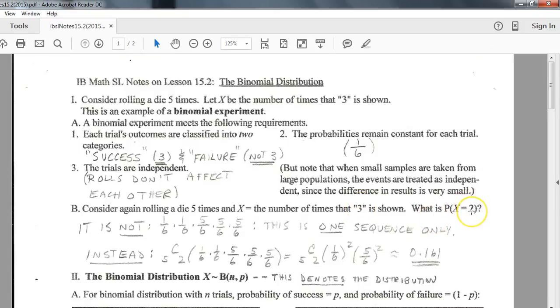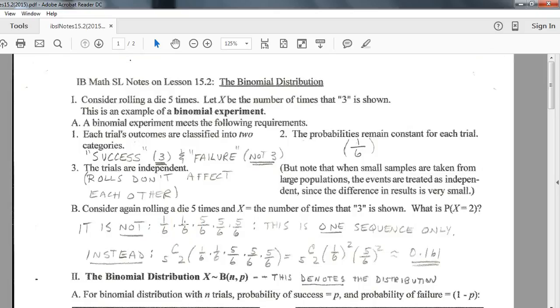So we're saying that a 3 is going to come up 2 times. If you consider rolling a die 5 times, and we ask what's the probability that I get a 3 two of those times, that would mean the other 3 times I'm getting something other than a 3.